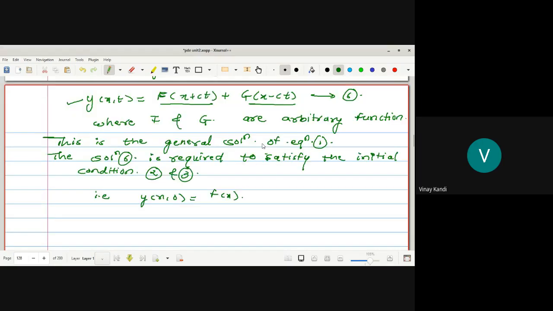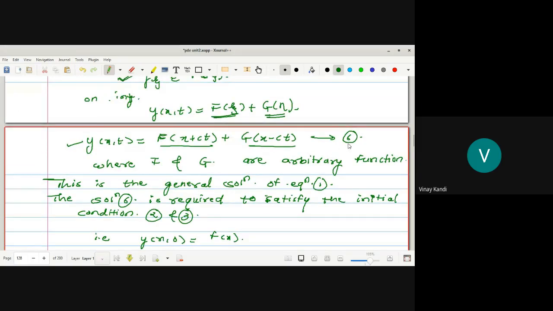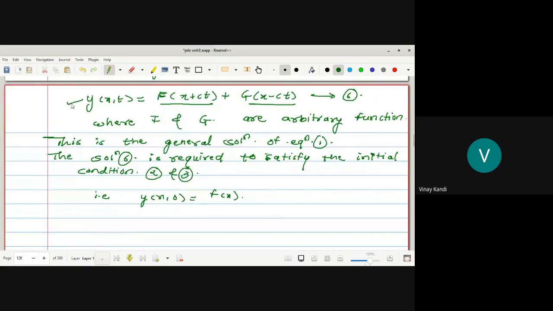Okay, now put t is equal to 0 in equation number 6. त्याच्यामध्ये जर t 0 ठेवला तर काय येईल? हा तुमचा इक्वेशन 2 आहे. ओके, हा इक्वेशन 2 आहे आणि याच्यात जर मी 0 ठेवला तर काय येईल? हा y of x0 is equal to capital F is the function of x. Okay, t हा 0 झाला plus capital G is the function of x.